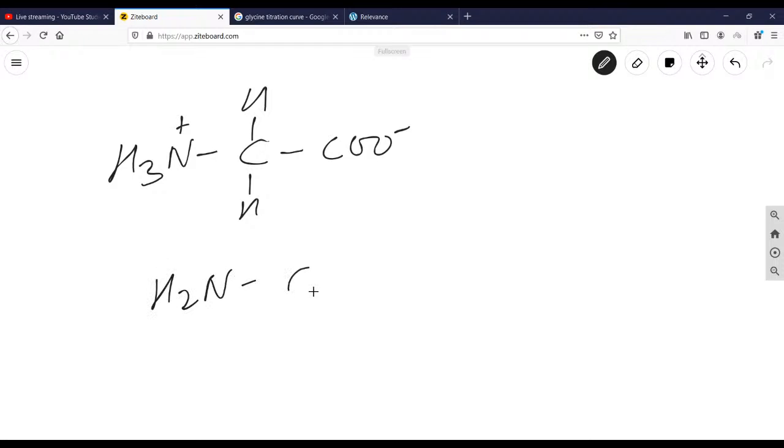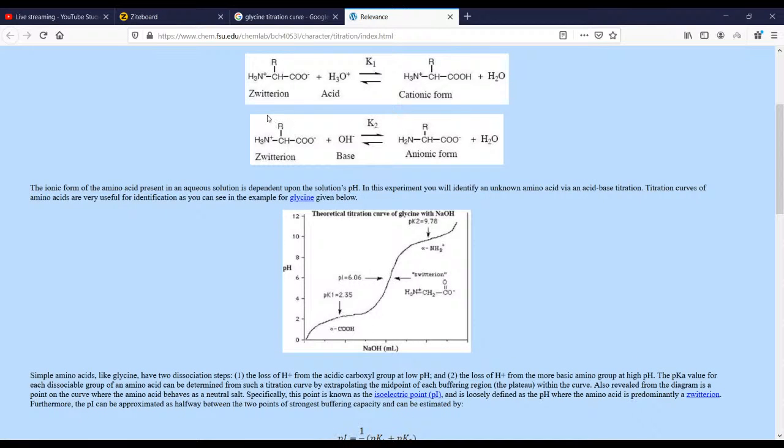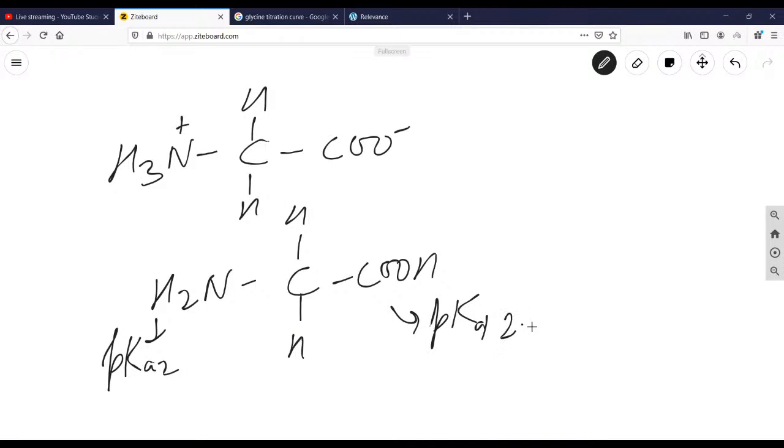This is the simple one. This is pK1 or pKa1, and this is pKa2 of the second one. pKa1 is given to be 2.35, and pKa2 is 9.78 experimentally.